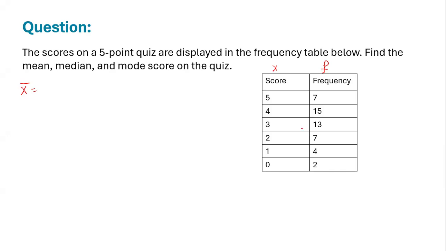If I want to show that I'm adding all the numbers, I need to write 5 seven times: 5 plus 5 plus 5 plus 5, 4 plus 4 plus 4. I have to write 4 fifteen times, and 3 thirteen times. It may take a long time. So that's why, instead of adding the numbers that many times, we multiply each number by its frequency.